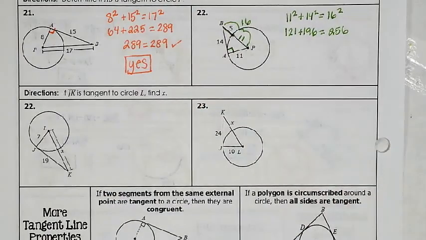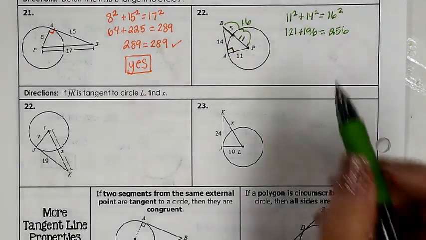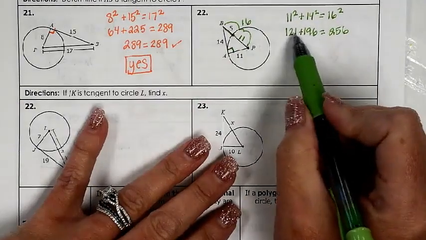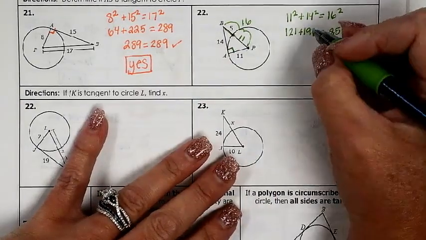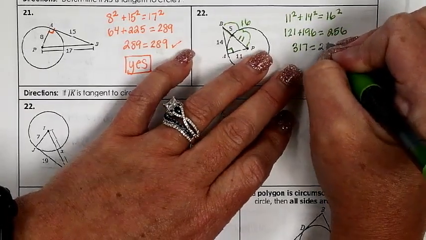If I add these two together, 121 and 196, we get 317 is equal to 256. Is that true? Nope. Pythagorean theorem does not work. So no, it is not a tangent.